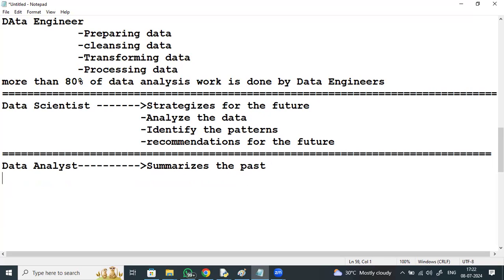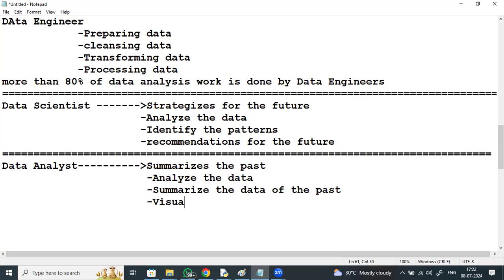He also just analyzes the data, summarizes the data of the past, and finally visualizes the data.